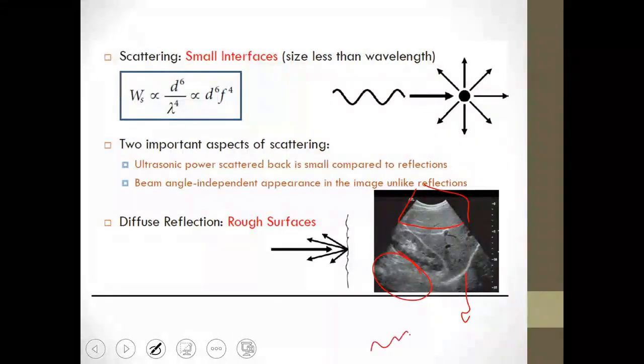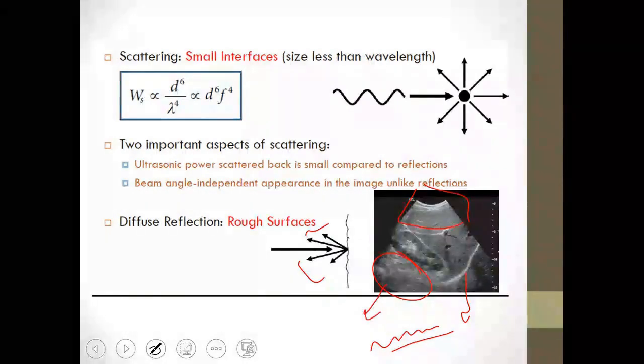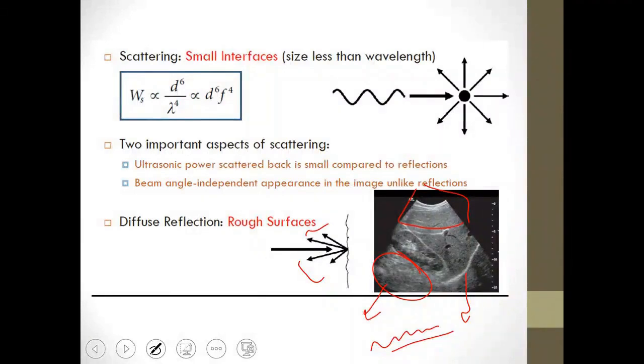There is also a part where if this surface is not very textured, it behaves in a certain way, so the signal appears differently, and the image does not take the same characteristics as the liver area.